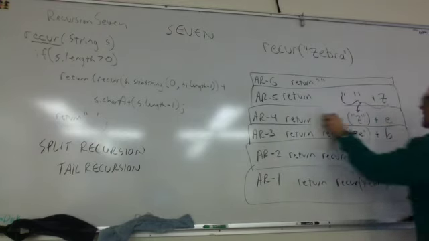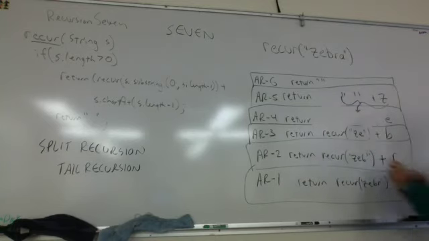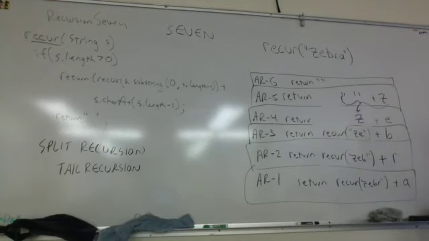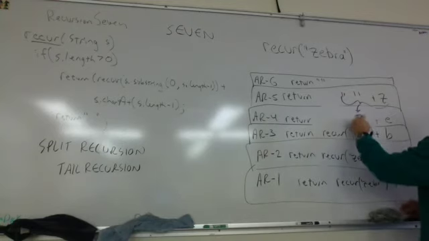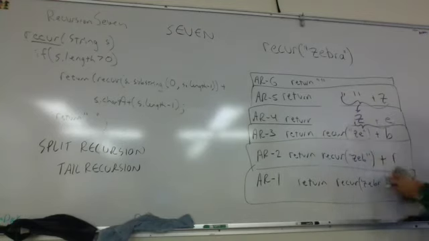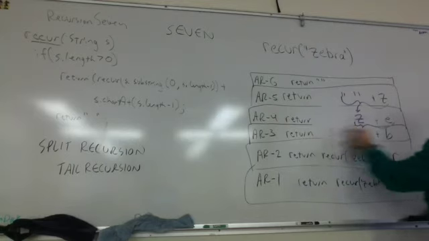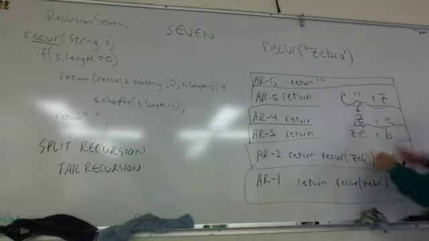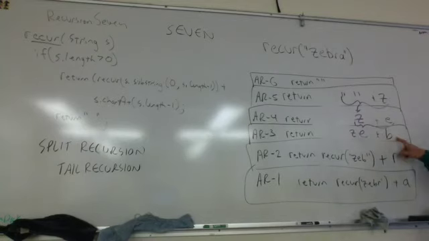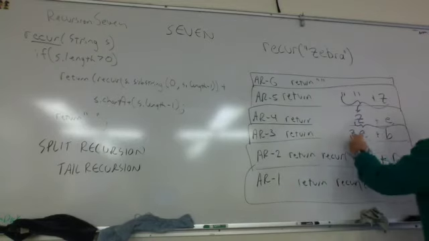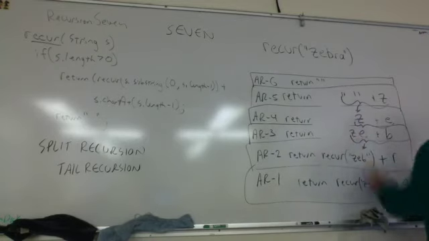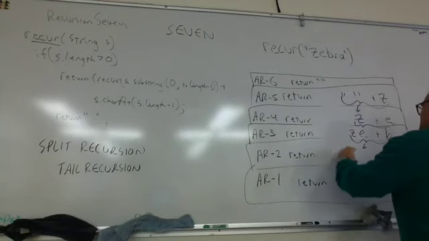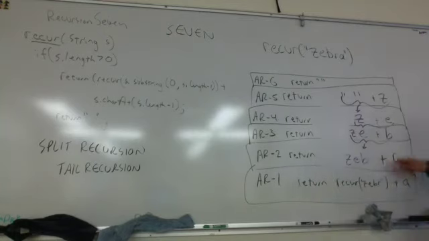So now we have the character Z plus the character E. This is what gets returned here. Z, E. The character B gets added on. This is what gets returned here. Z, E, B. Okay.